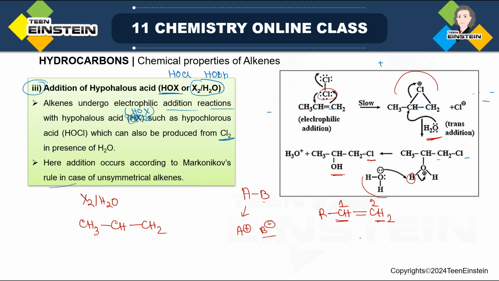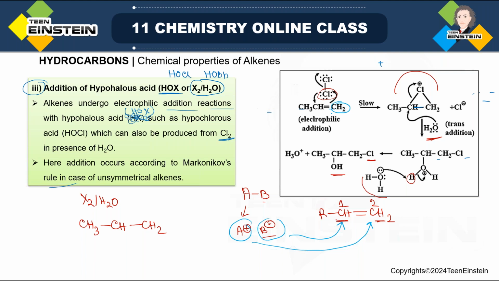Now Markovnikov's rule says that when you have this type of unsymmetrical reagent AB, where one part will be positive and another part negative, and you also have an unsymmetrical alkene, the negative part will be attached to that carbon which has the lesser number of hydrogens, and the positive part will be attached to that carbon which has the higher number of hydrogens. The same thing you have already seen here.